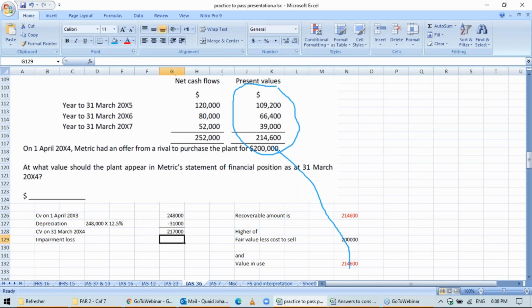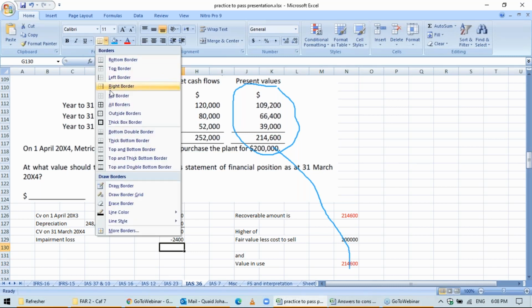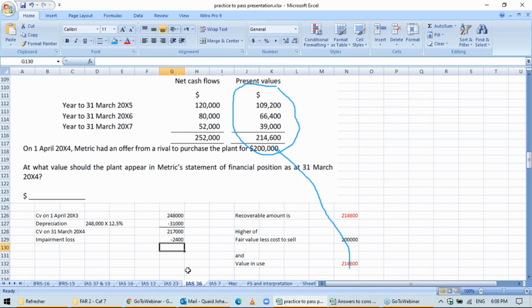So you will reduce the carrying amount by the impairment loss, which is the difference between 217,000 and 214,600. So this makes 2,400 impairment loss. And now the value that appears is equal to recoverable amount. So it is no more overstated now.